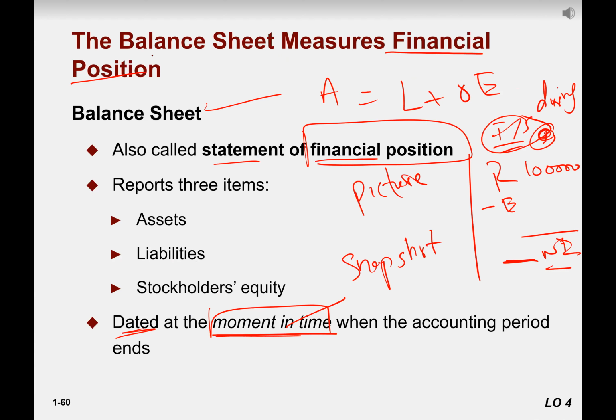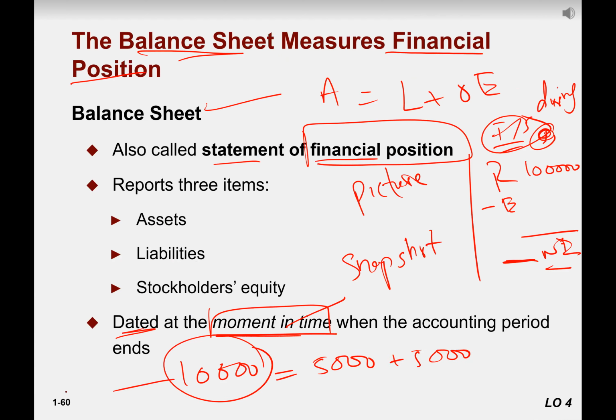But the focus of the balance sheet is the position of the company at a specific date. For example, assets are 10,000, 5,000 plus 5,000. So this 10,000 in assets is, for example, on 15th of September. The position of the company on 15th of September is that its assets are 10,000.